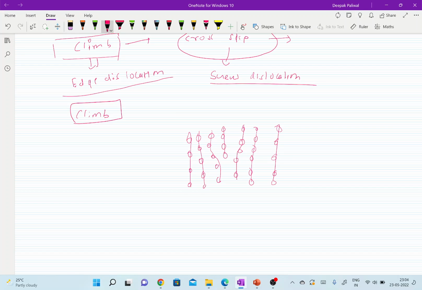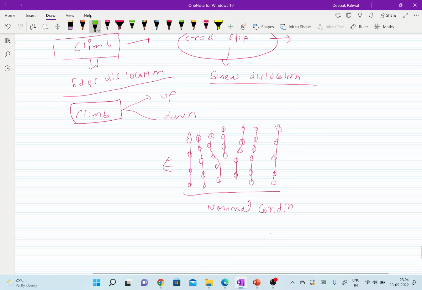I am drawing randomly. So this is the normal condition. Now there are two types of climb, climb up and climb down. When there is a creation of vacancy, let me draw with a different color. Here we have the dislocation. Suppose there is a creation of vacancy.